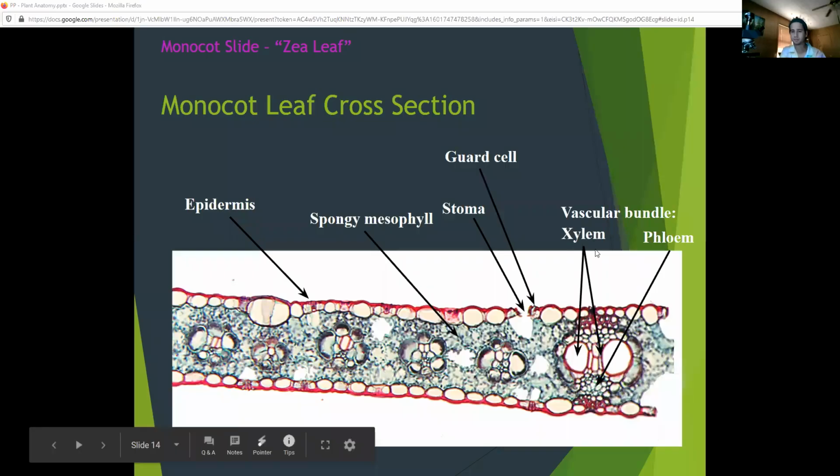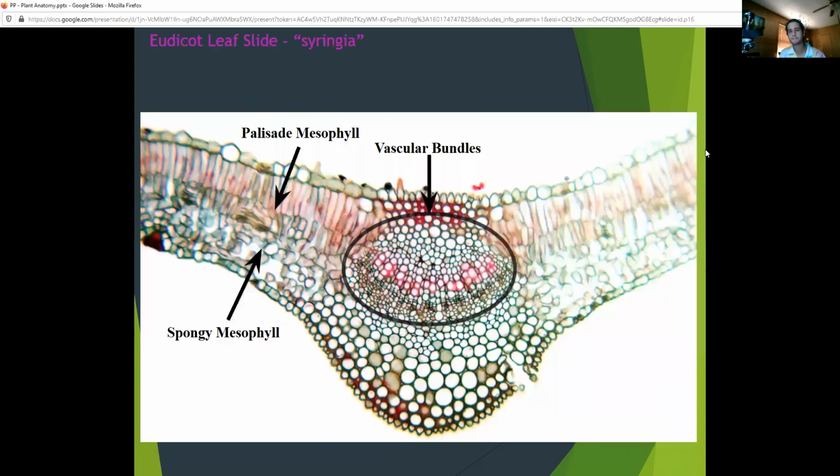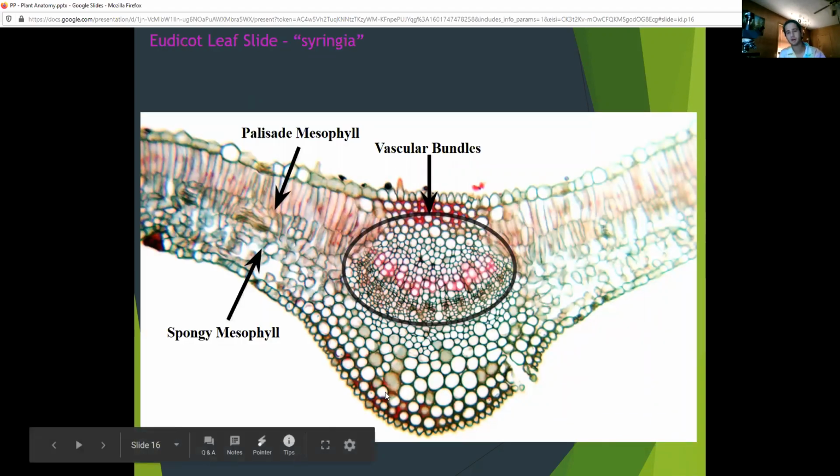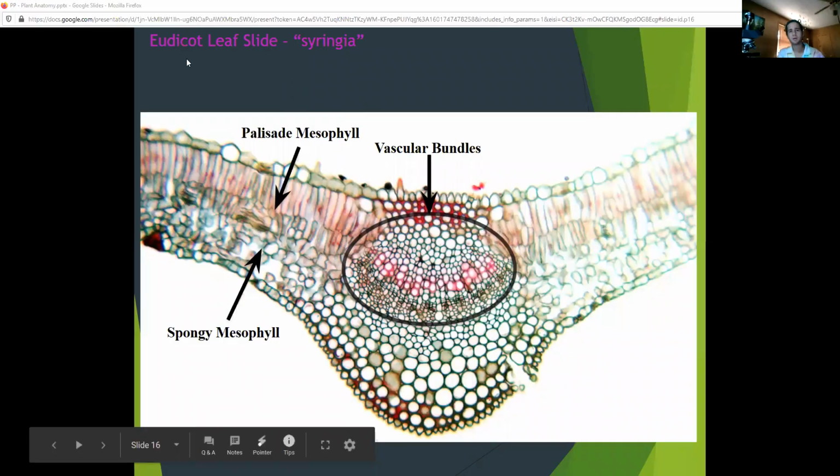Let's go back to our image. See, we only have spongy mesophyll in here. Let's go to our eudicot. All right. So here would be our syringia.